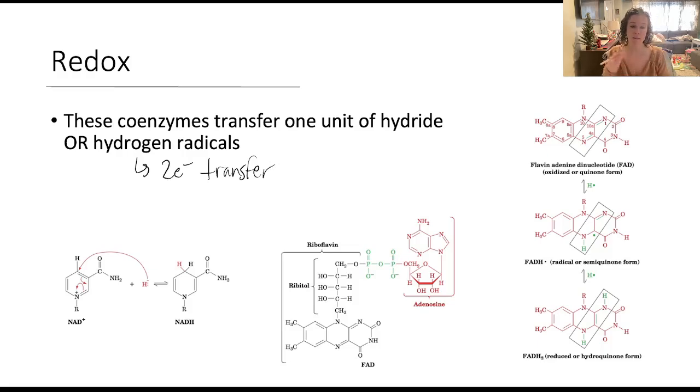NADH or NADPH do that two electron transfer both at a time through a unit of hydride, okay? So this NAD molecule is able to accept a hydride, or you could say the NADH is able to give up a hydride because it is resonance stabilized.